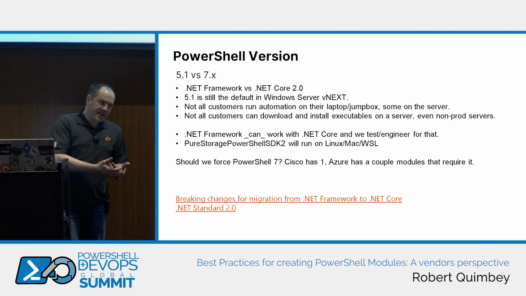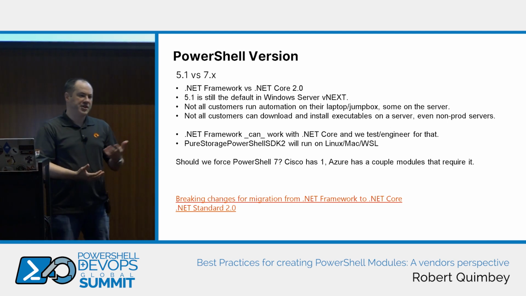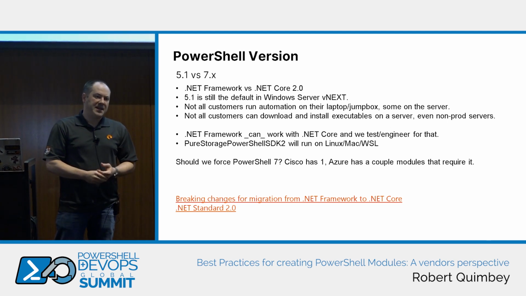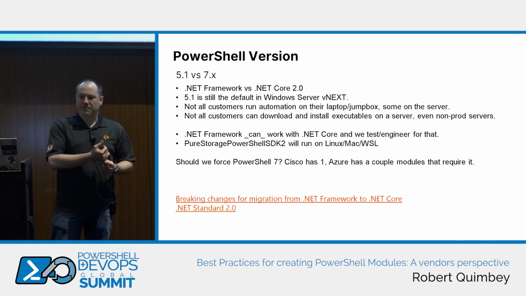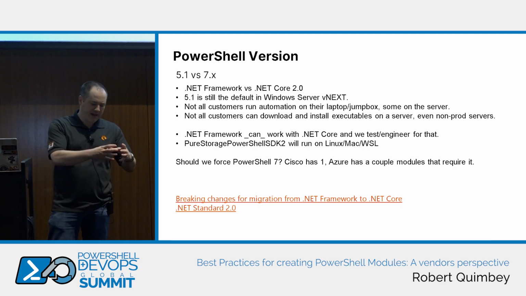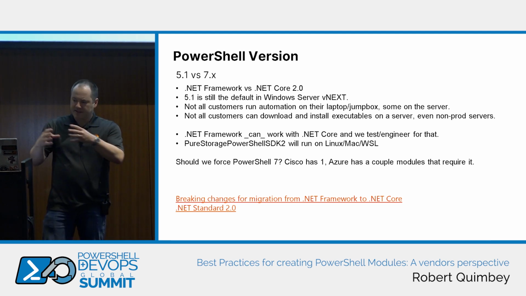My problem is that not everybody who uses my module is using it on their laptop. It's on servers. And a lot of the customers that I have either are forbidden, you cannot grab some random binary and install it. It has to be on the approved list, or you just cannot install any binary, right? They have these custom configuration manager images. This is my SQL Basic. This is my Server Core.